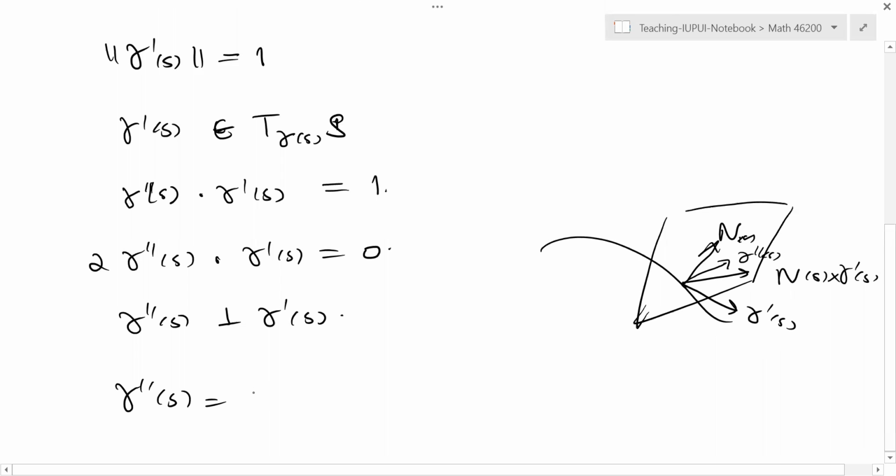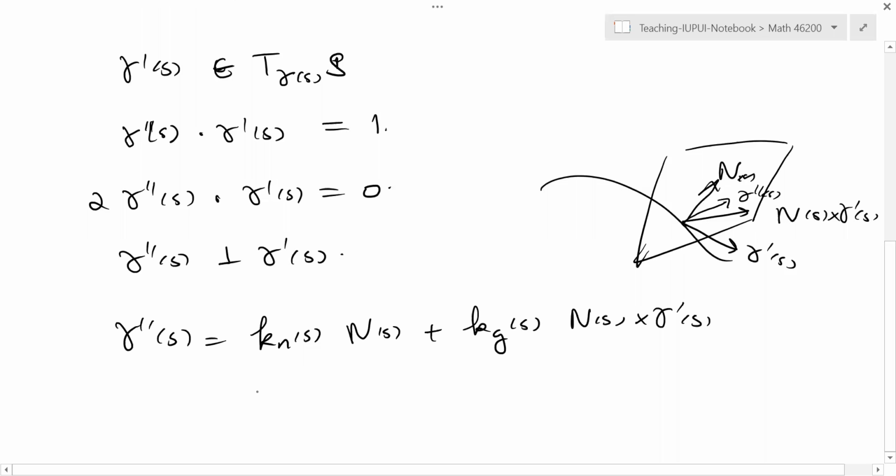So this can be written as a combination of k_n(s) n(s) plus k_g(s) n cross gamma prime. This is called normal curvature, and this is called geodesic curvature. There's a reason why it's called the geodesic curvature.